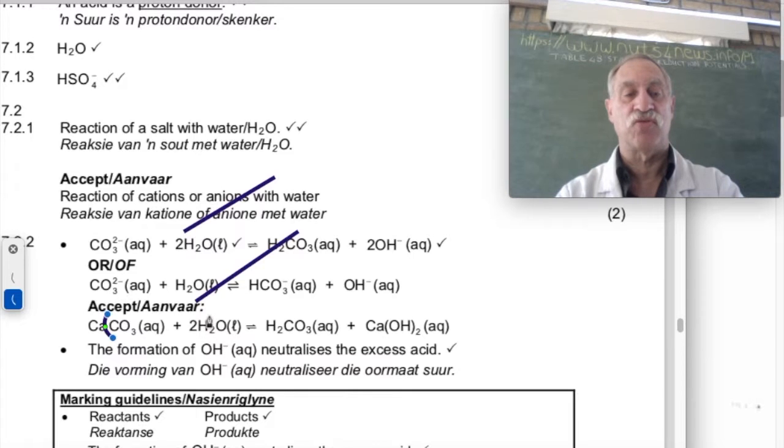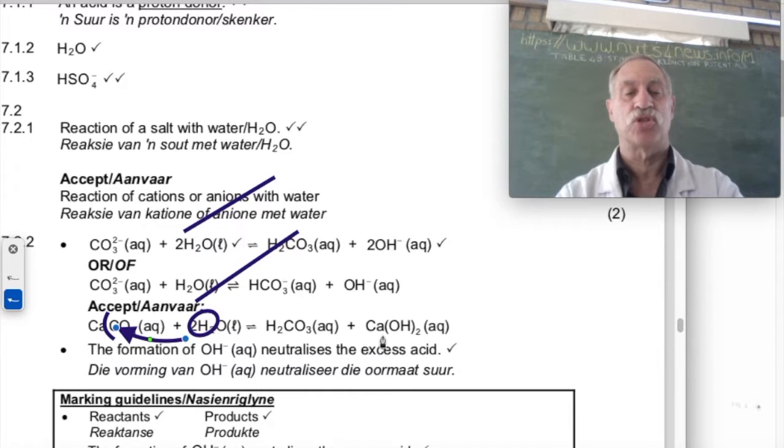So these hydrogens are going to go across to that carbonate and form carbonic acid, H2CO3, and that's going to leave you with an OH there and calcium hydroxide, Ca(OH)2.